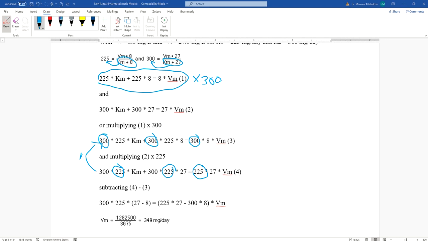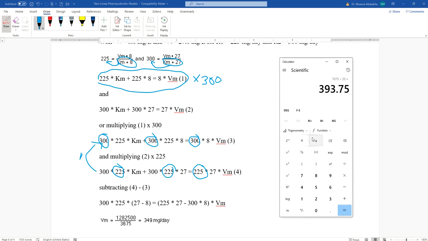With the calculator, you can get the following: 300 multiplied by 225 multiplied by 27, minus 300 multiplied by 225 multiplied by 8, and this will give me the number 1,282,500.